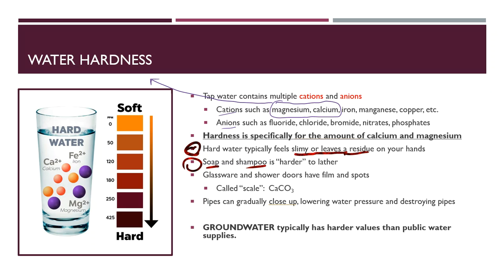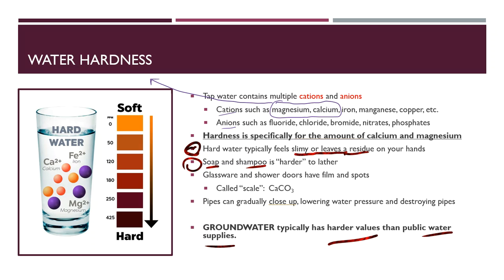All right, so groundwater, of course, that's kind of self-explanatory. Groundwater has harder values on average than your public water supply. So if you pay a water bill and that water bill goes to a place here in Wilmington like CFPUA, or if you're over in Leland, Brunswick County, you're looking at H2Go maybe for your water company and so forth.